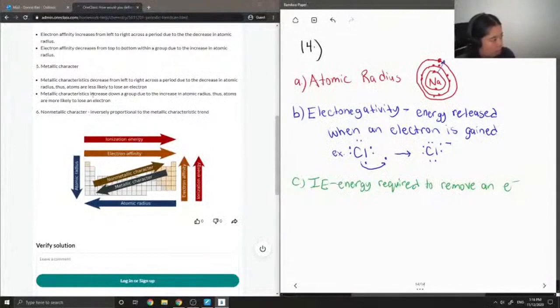Metallic characteristics increase down a group due to the increase in atomic radius, thus atoms are more likely to lose an electron. Lastly, non-metallic character is inversely proportional to the metallic characteristic trend.